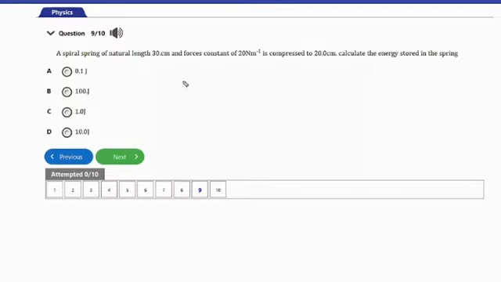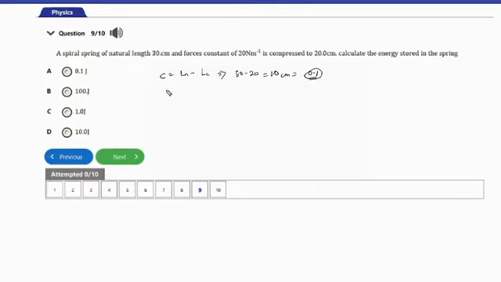So guys, we're going to use half kc squared here for this, and then we are going to have that c is the natural length minus the compressed length, that's the 30 minus 20, and that's 10 cm. But guys, we have to put this in meter. So 10 cm over 100 is going to be 0.1 meter.